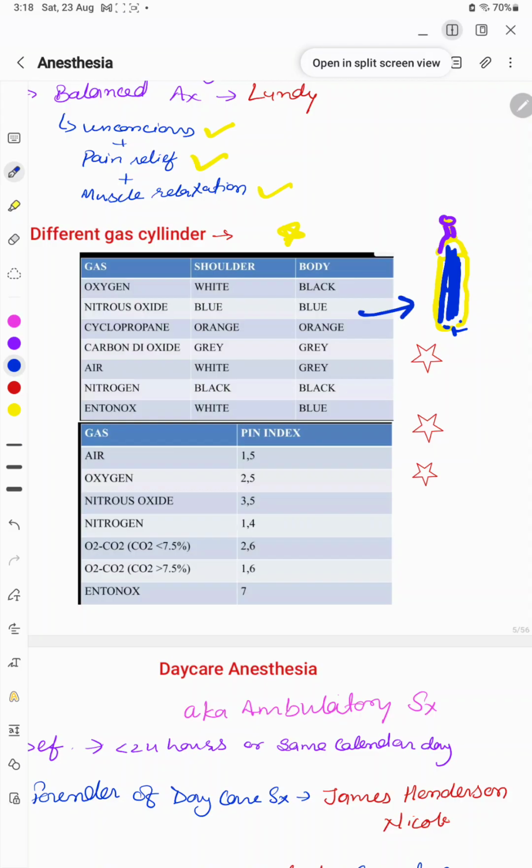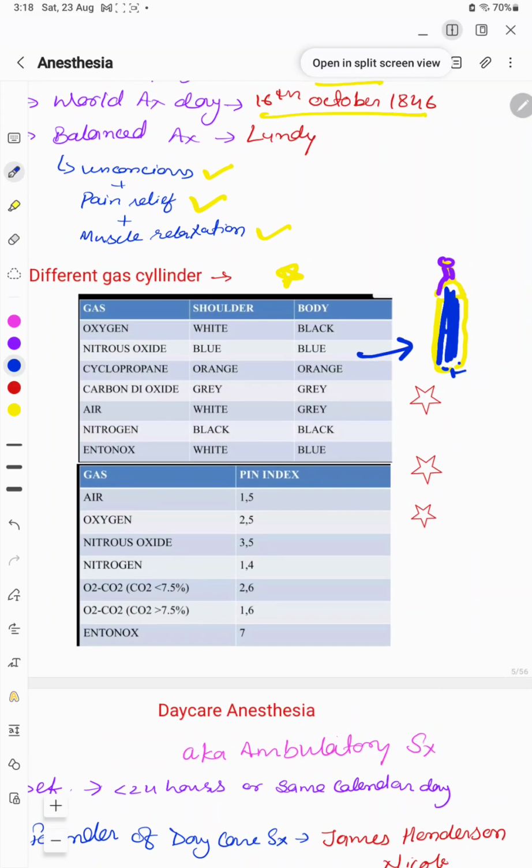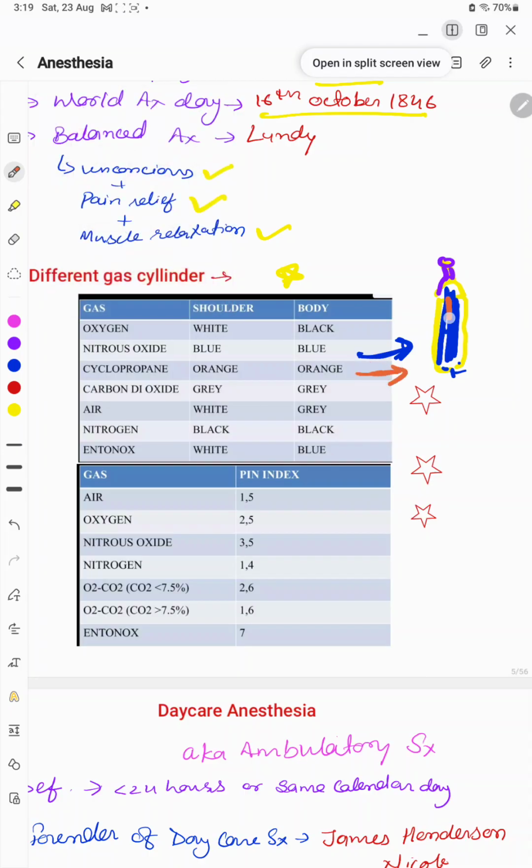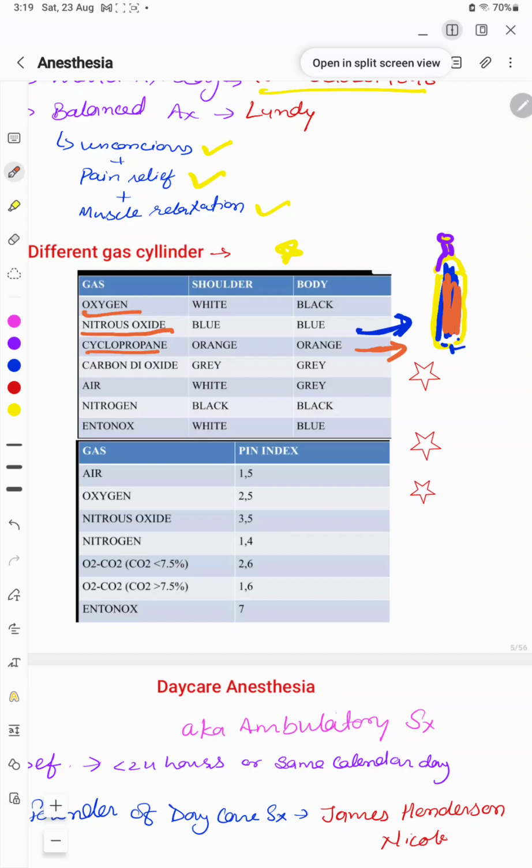So when you want to remember nitrous, you only need to remember blue. All is blue. Cyclopropane, all is orange. They already asked about cyclopropane, nitrous oxide and oxygen because they are commonly used.